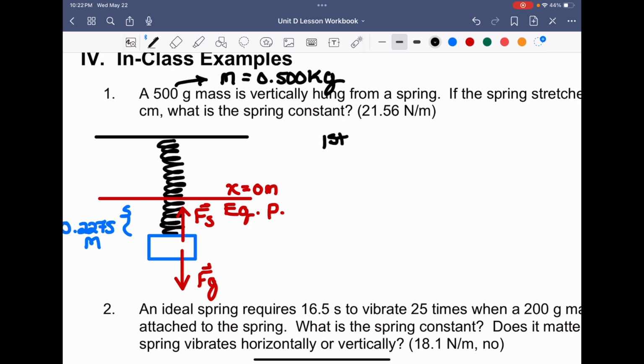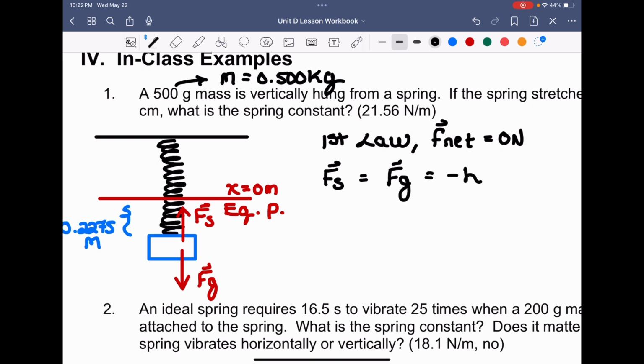By first law, we know that F net is equal to 0. I sometimes like to write this in here just so we conceptually understand what's actually happening. This means that our Fs, or restoring force, is equal to the force due to gravity, which is equal to, by Hooke's law, negative kx. Now, because we're not solving specifically for the Fg or the Fs, what we're actually trying to solve for in this case is the spring constant, or how stiff the spring is, the measure of stiffness.